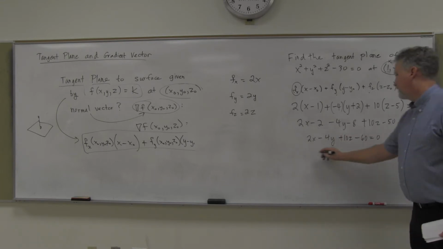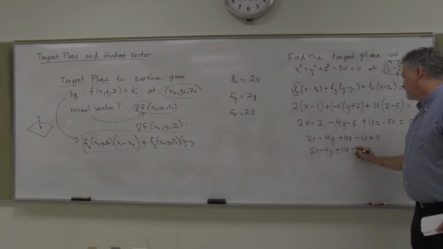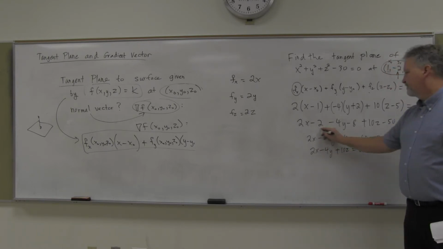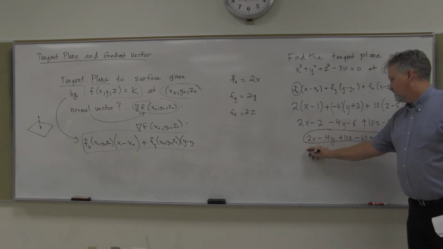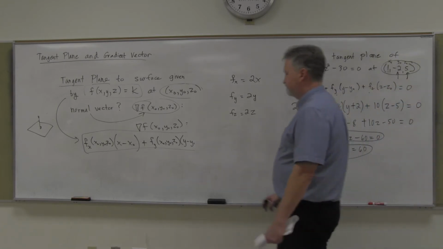Either that, or move that 60 over, add 60. So one of those two would probably be the best way to go on that. Another way to do a tangent plane there.